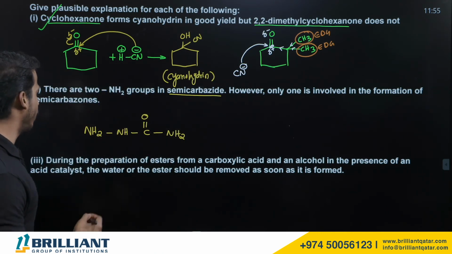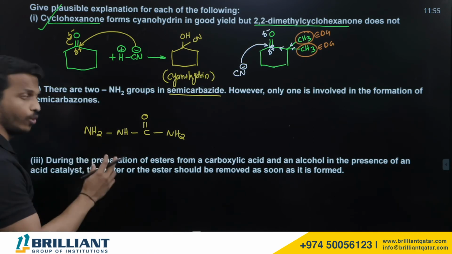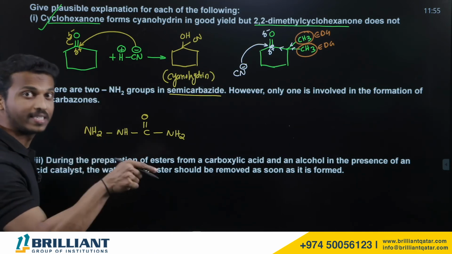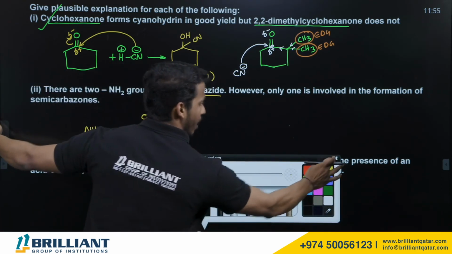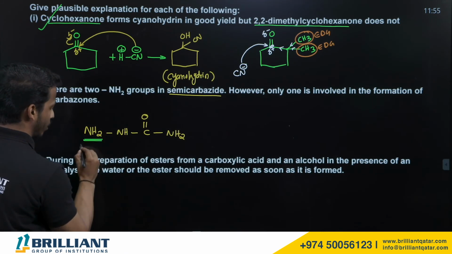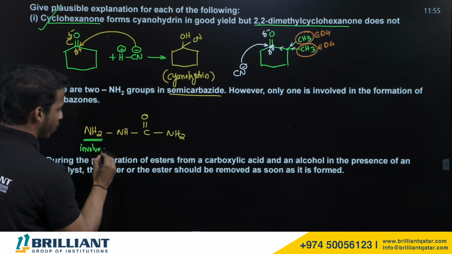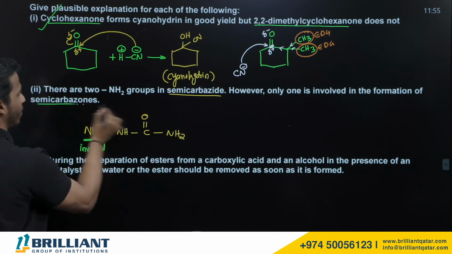When we treat an aldehyde or ketone with this, I told you which NH2 group you should consider. Which NH2 group do you remember? The NH2 group which is away from the CO group. It is involved in the reaction with aldehyde or ketone to get semicarbazone.